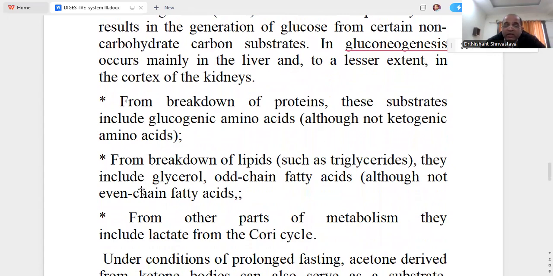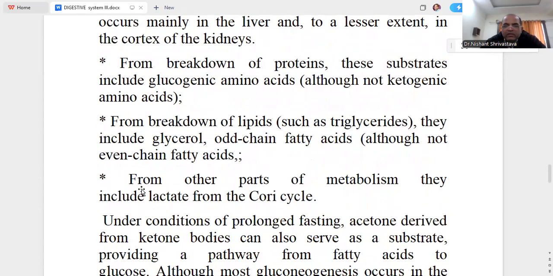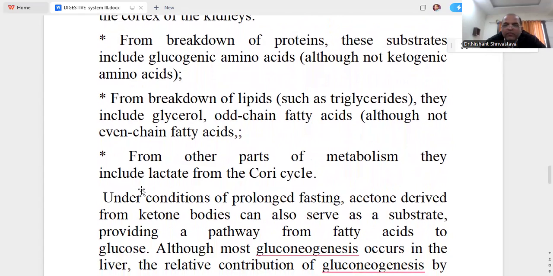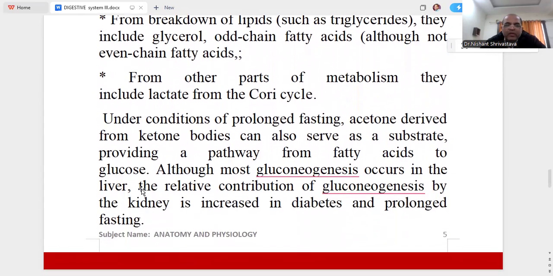Then the next content is breakdown of lipid, such as triglycerides. They include glycerol, odd chain fatty acids, although not even chain fatty acids. From other part of metabolism, they include lactate from the Cori cycle.